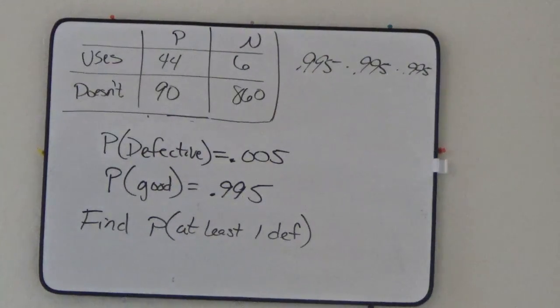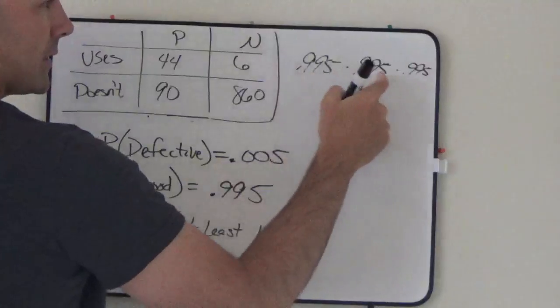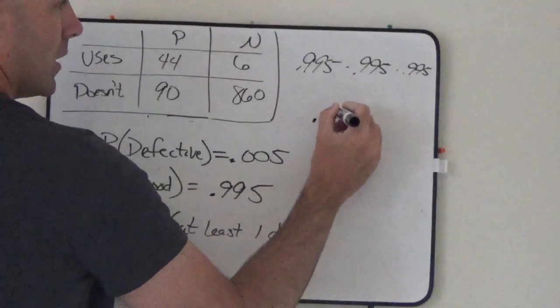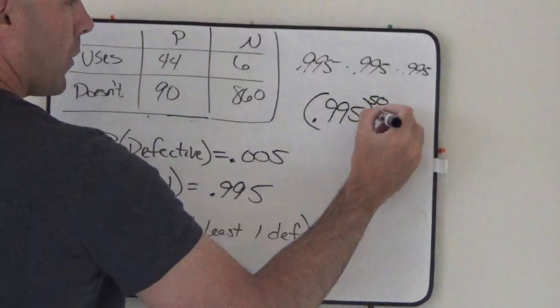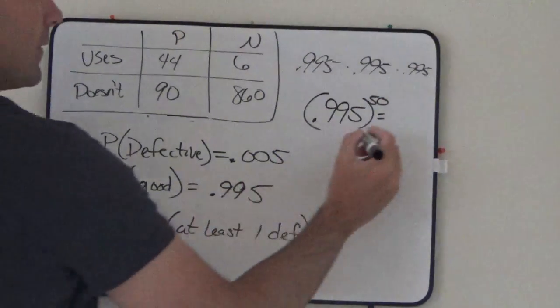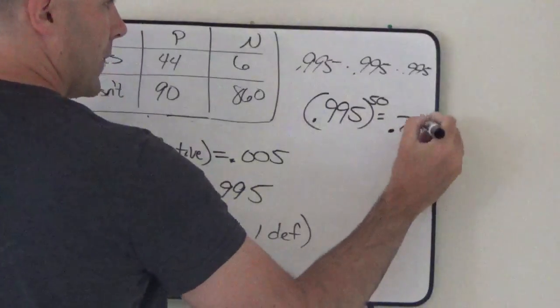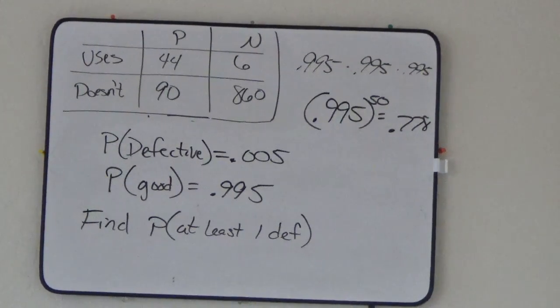We don't want to do that, so to make life a little bit easier, since we're multiplying the same number 50 times, we can just do 0.995 raised to the 50th power, and that answer is 0.778. Okay? So that is the probability of all 50 of them being good.